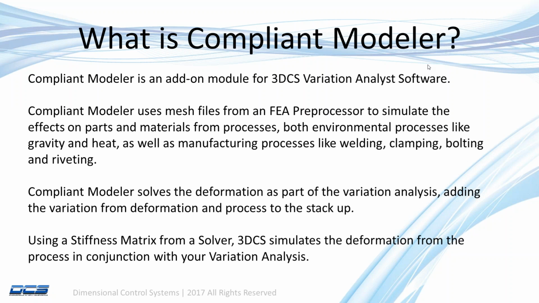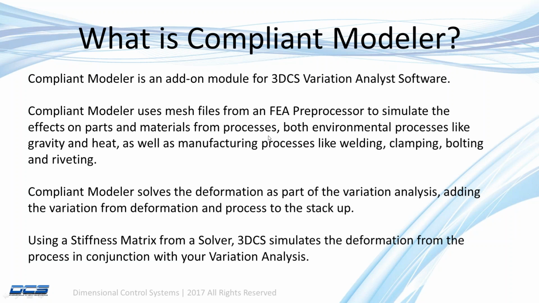So I'm going to be really brief, as we covered a lot of basic information and overview about Compliant Modeler at our last webinar. Compliant Modeler is an add-on module for 3DCS. It's available in all versions of the software. It allows you to work with flexible parts rather than rigid body, so it is on top of a normal rigid body model.